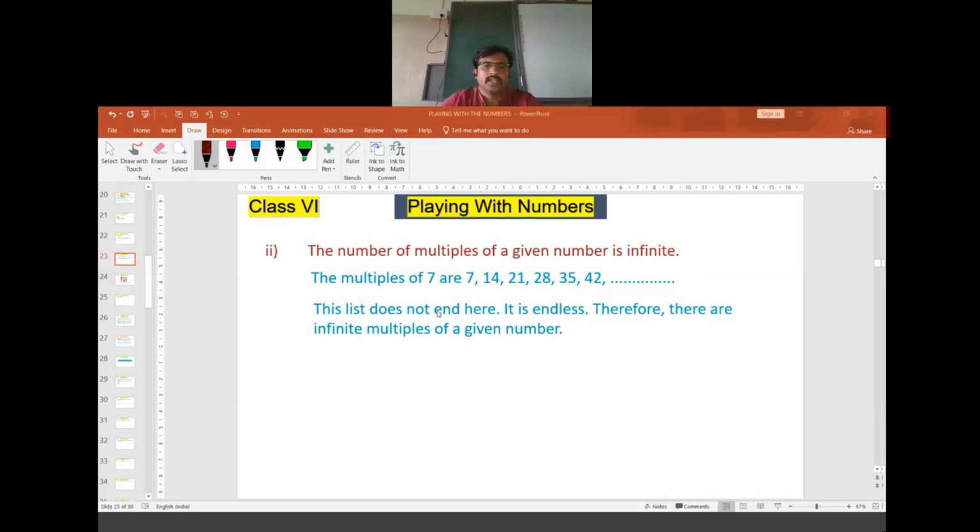This list does not end there, it is endless. Therefore, there are infinite multiples of a given number. This is the second property. Remember, there will be an infinite number of multiples of a given number.